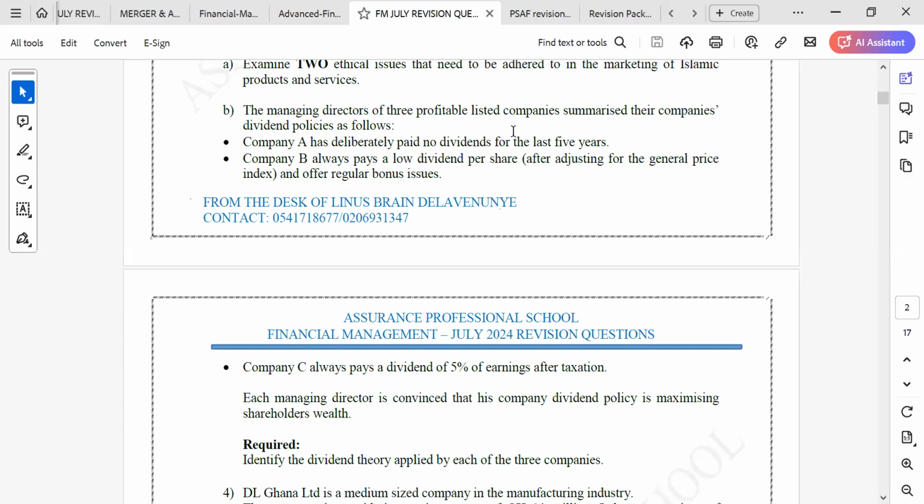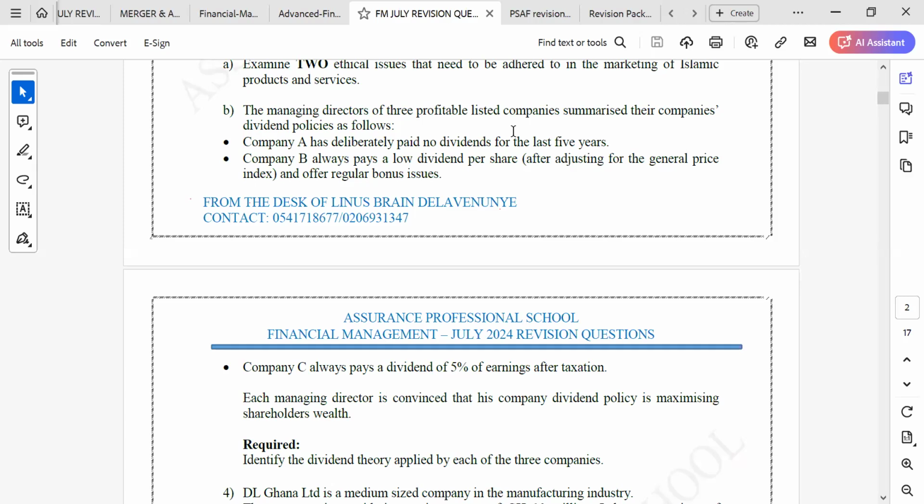Let's come to company C. Company C always pays a dividend of 5% of earnings after taxation. Which one is this? Dividend relevance. Okay, this is relevance. Whether the dividend is low or not, give it to us. We don't care.